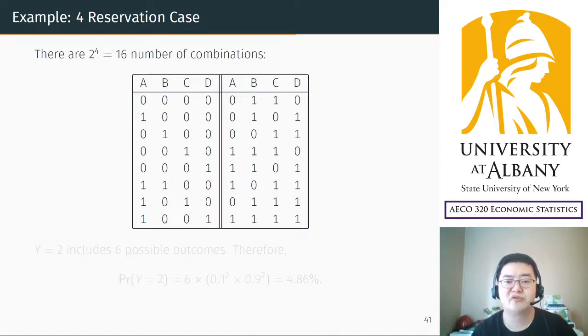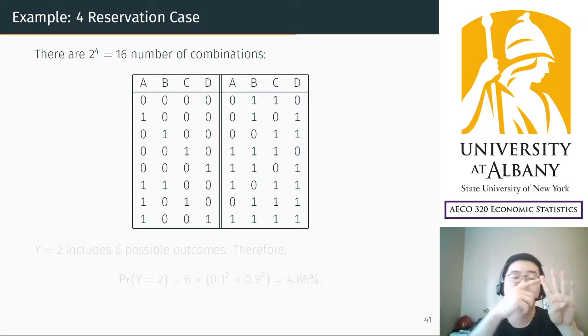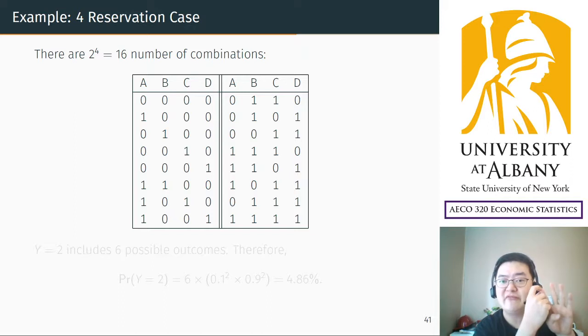The brute force method: list all the possible cases, and this is the answer. There are 16 combinations when you have four reservations. So four reservations, and each reservation may be canceled or not, canceled or not, canceled or not, canceled or not. So two possibilities for each reservation. So when there are four reservations, the total possible combinations are 16.